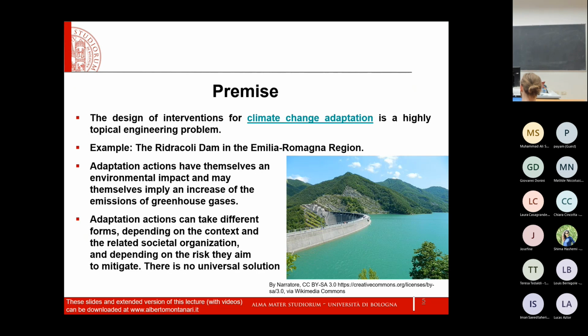You find a lot of words on the overarching strategy, but when you look for solutions and how to design them from a technical point of view, you don't find much. So in terms of technical guidelines for climate change adaptation, there is still, I would say, nothing or close to nothing.